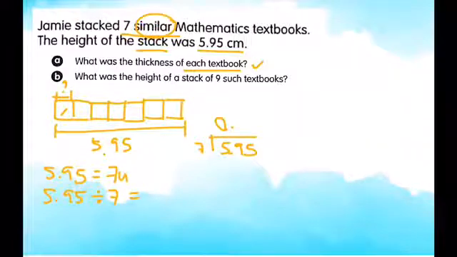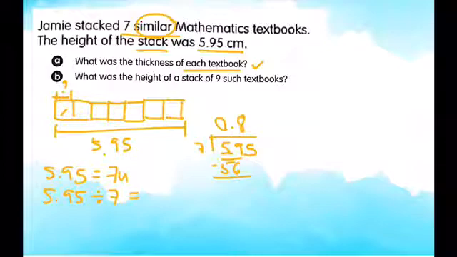Now, in order for us to get the correct answer, we would be needing to rename the given numbers. How many 7s are there in 59 tenths? So we can get 8. 8 times 7 would be 56.